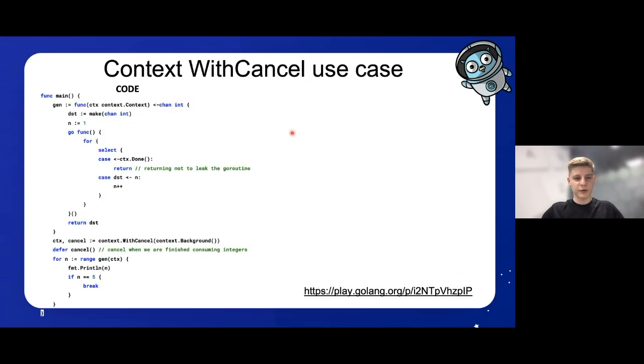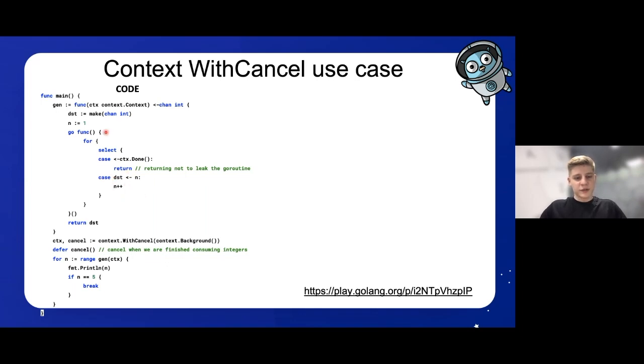So this is an example of context with cancel. What we do here, we have some gen function. What it does for us, it generates numbers and sends them inside of the destination, I think.